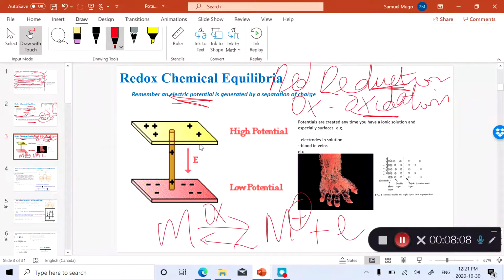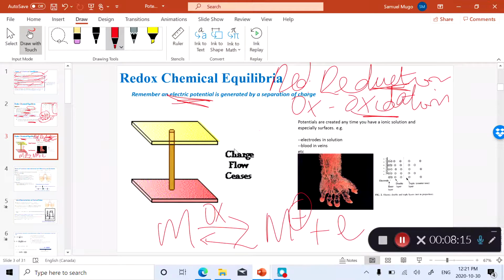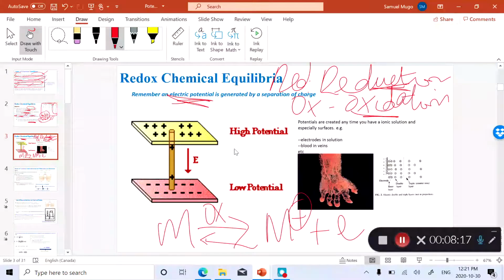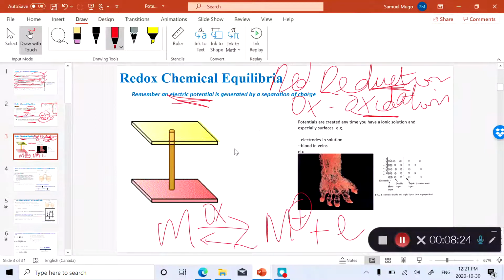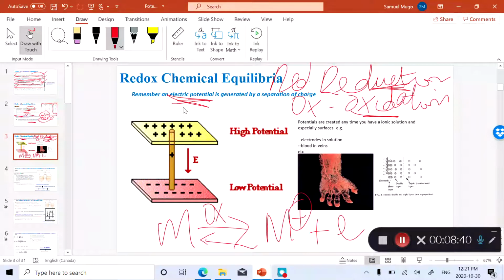Anytime I've got two dissimilar surfaces, in this case your glove and probably the analytical balance or the beaker, chances are I'm going to have a charge separation induced because of those two different surfaces that have different conductivities, and as such, they induce static electricity. When that happens, you can actually measure a voltage.